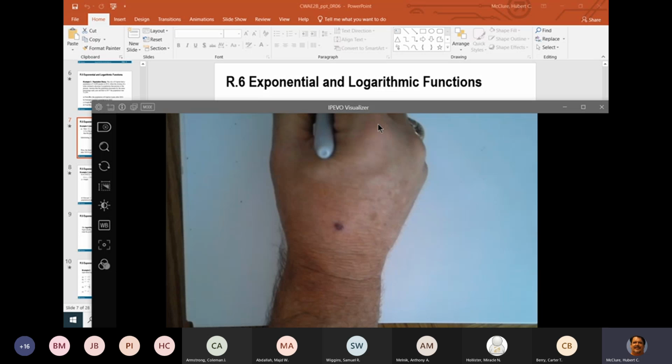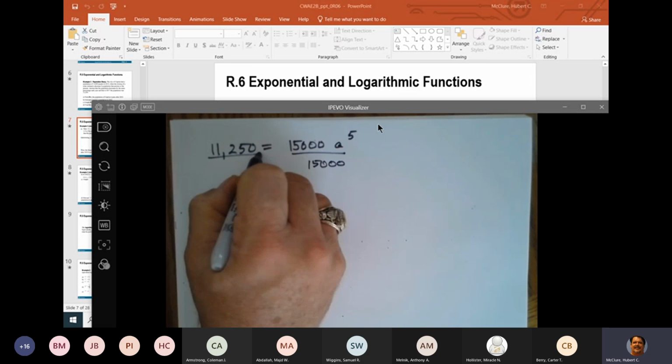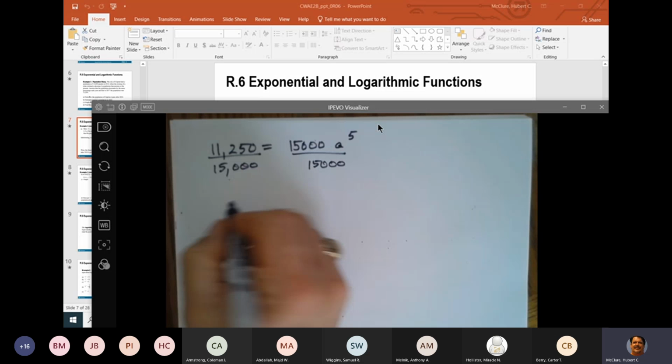And I'm going to divide by 15,000. It's really just an algebra problem. And that's going to give me 11,250 divided by 15,000 is equal to A to the 5th. How do you undo raising something to the 5th power?